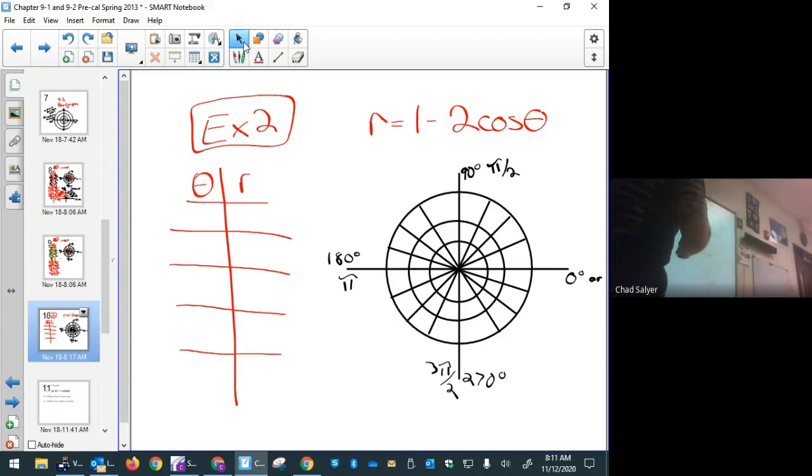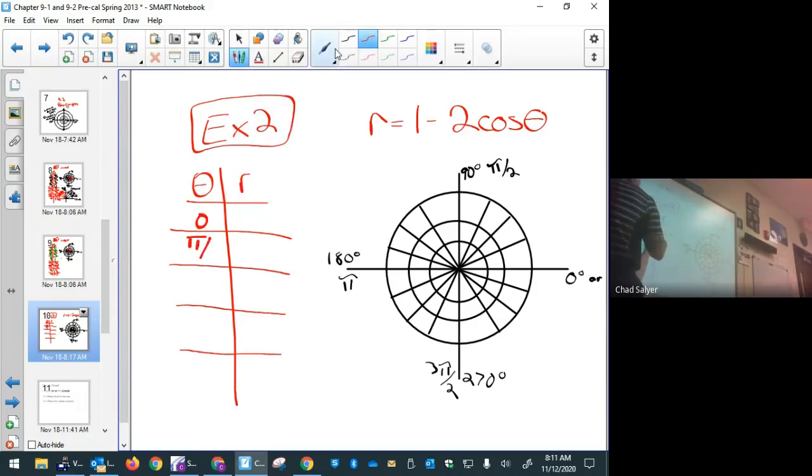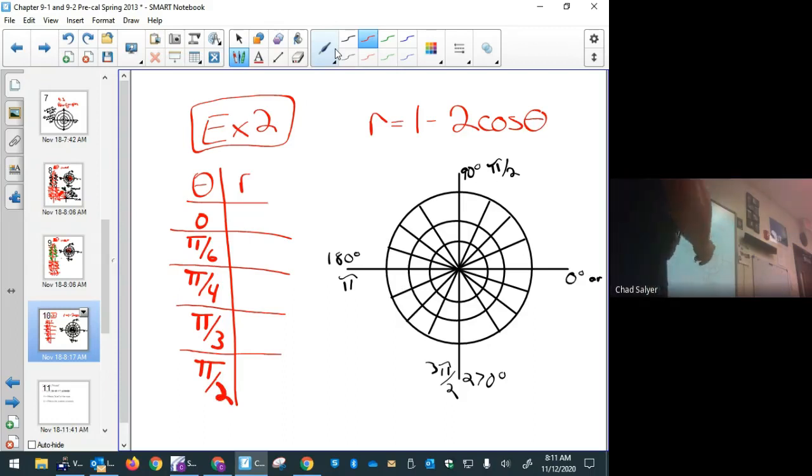All right, so once again, we're going to pick some angles. Let's pick 0, pi over 6, pi over 4, pi over 3, pi over 2. Now, this is 1 minus 2 times the cosine of our input angle.